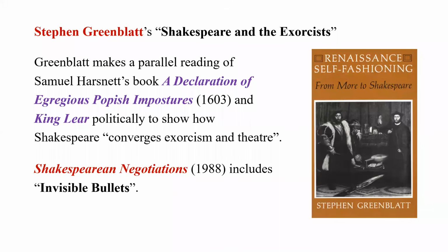For that, you have to read this essay, Shakespeare and the Exorcists, where he shows how Shakespeare converges exorcism and theater, because that non-literary text talks about the practice of exorcism within the church, where sometimes they drive away the ghost. And you also see those elements in theater, especially by Shakespeare. Shakespeare uses exorcism in his theater. So we have these two connections, and now he draws parallels between that text and this text. So now there is no longer a division of literary and non-literary text.